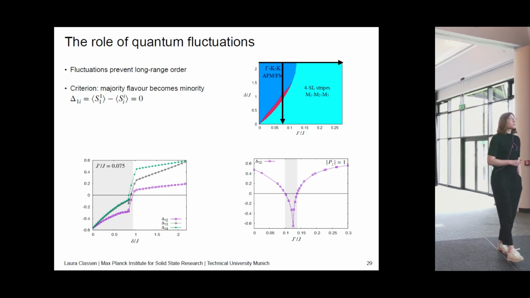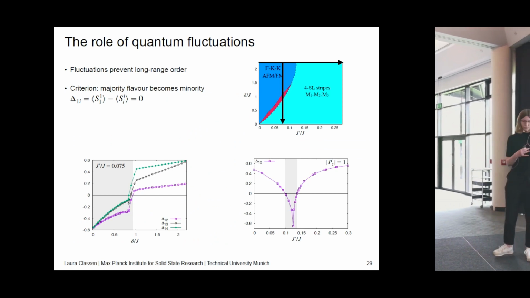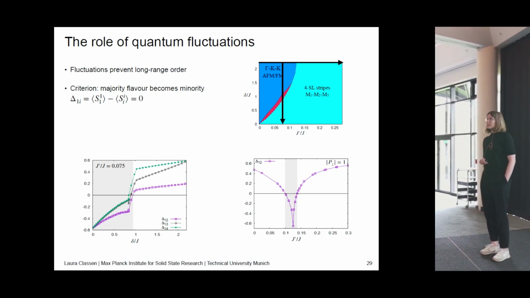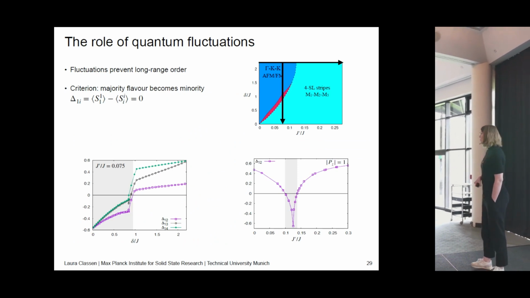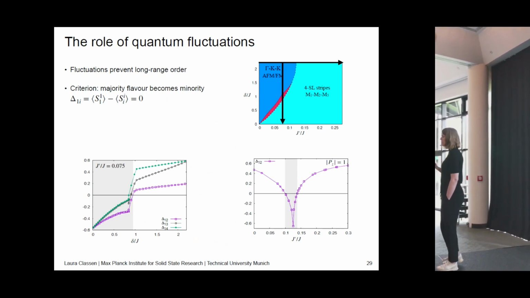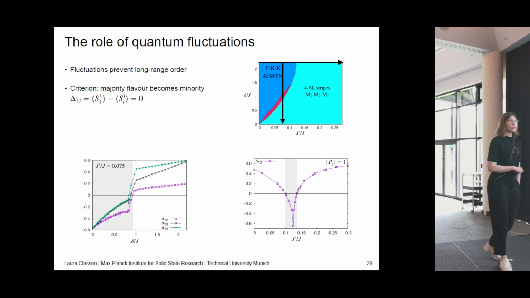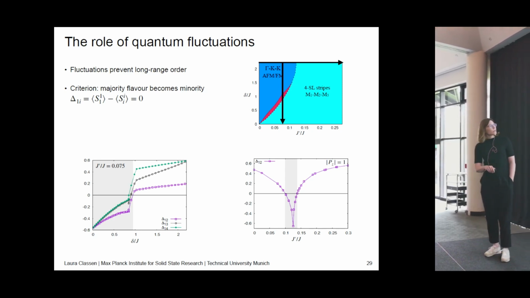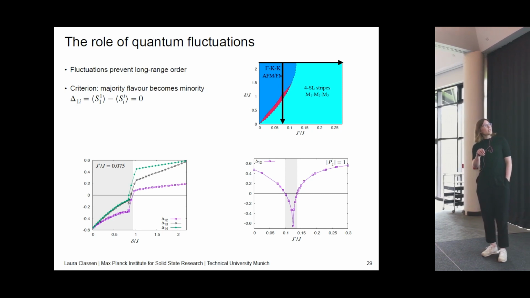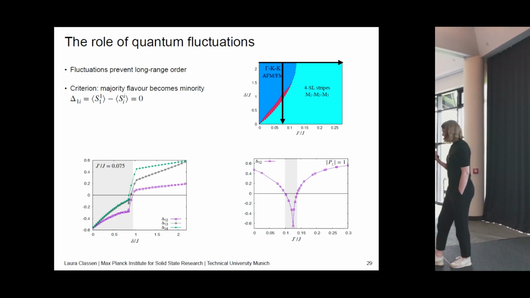And so this is what we did next, and we found that in certain regimes of the phase diagram indeed the order is destroyed, or in other words, quantum fluctuations prevent the formation of order in these regimes. Here you see two examples along these two lines where our criterion is that the majority flavor stops being majority.